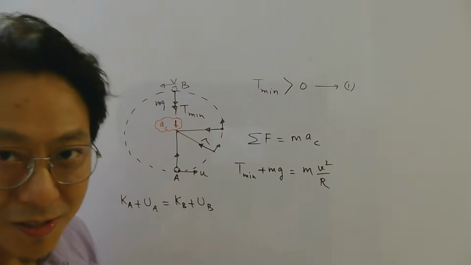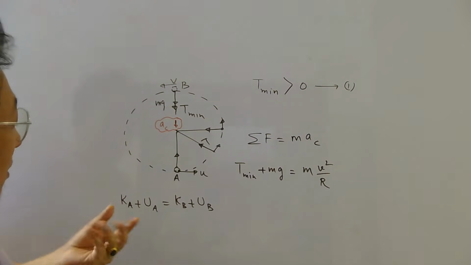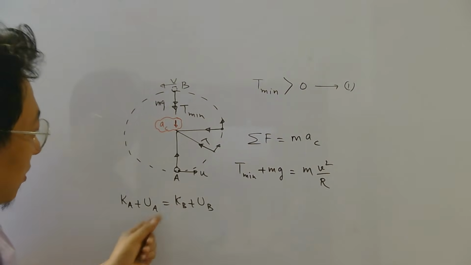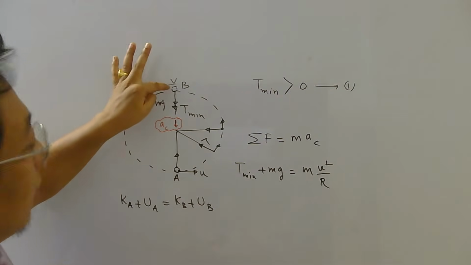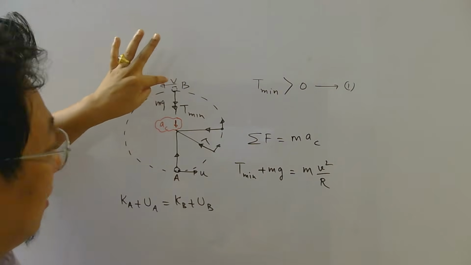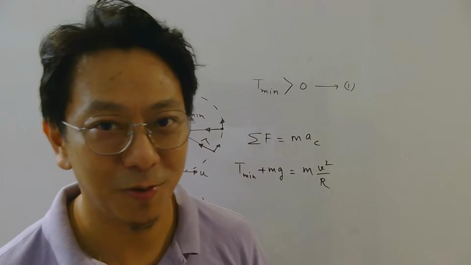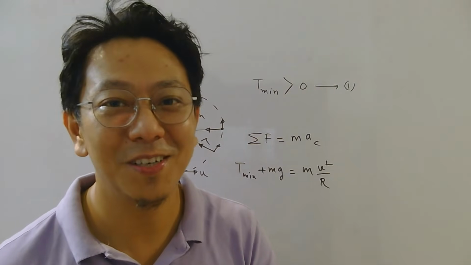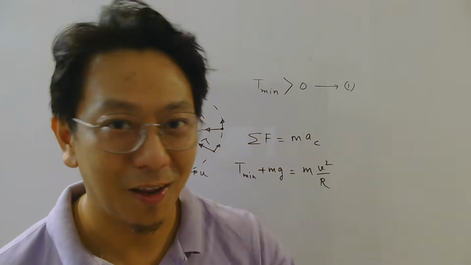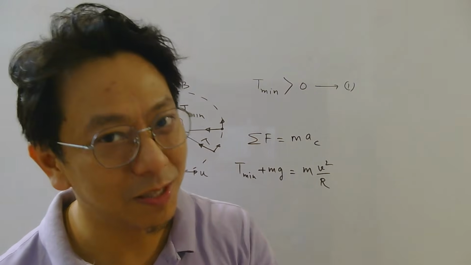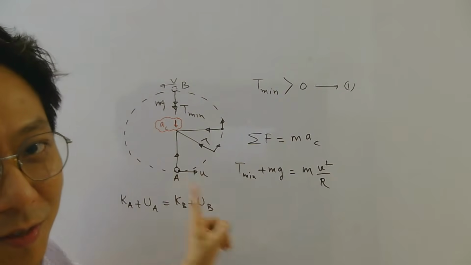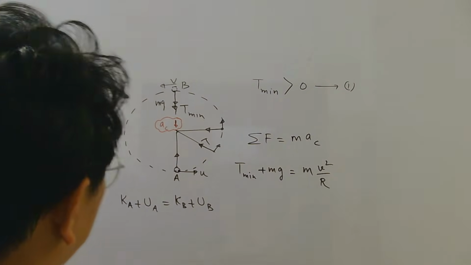And there is no air resistance in this problem. So kinetic energy here plus potential energy here should be equal to kinetic energy here plus potential energy here, because the only force doing work is gravitational force, and you must know gravitational force is a conservative force. And when conservative forces act, please remember, we can use conservation of mechanical energy.